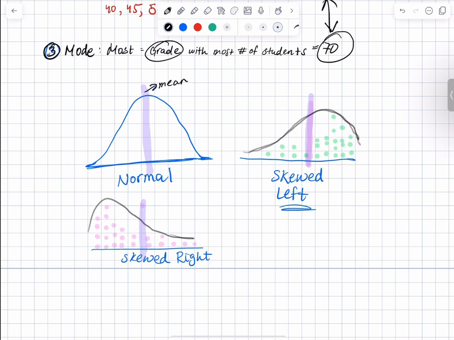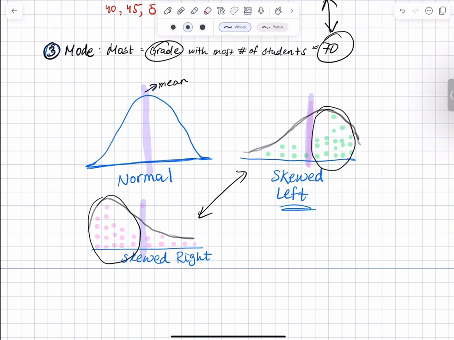The purple is the mean. Well, in these two instances, the skewed distributions, the mean doesn't really represent the majority of the class. It doesn't represent most of these students. It kind of represents all these students, but the biggest problem is it's not measuring the majority.